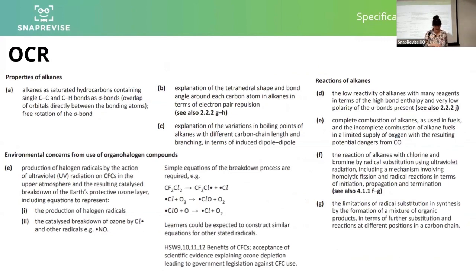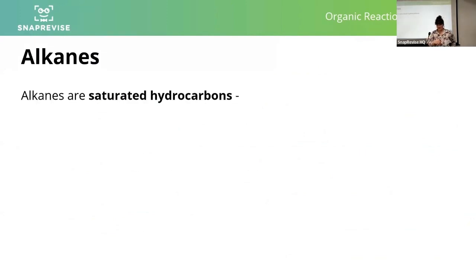Right, alkanes. Alkanes are saturated hydrocarbons. What on earth do those two keywords mean, and what do they mean together in this context? So if something is saturated, it means it has only got single bonds. If it is a hydrocarbon, what's the definition of a hydrocarbon?